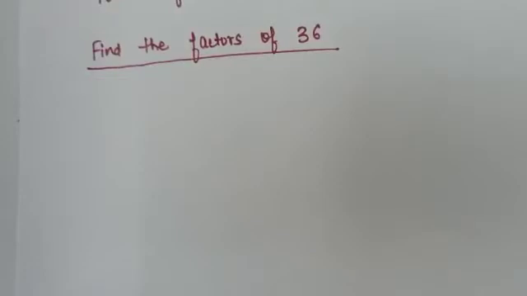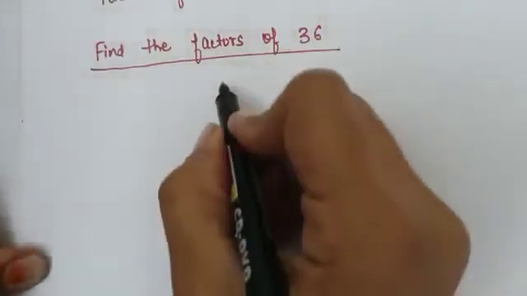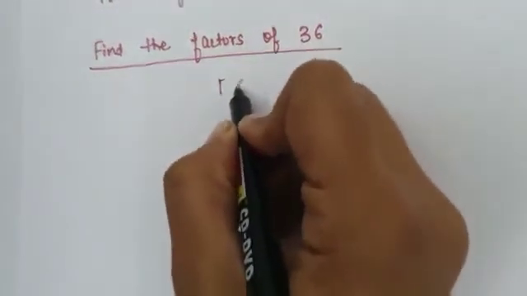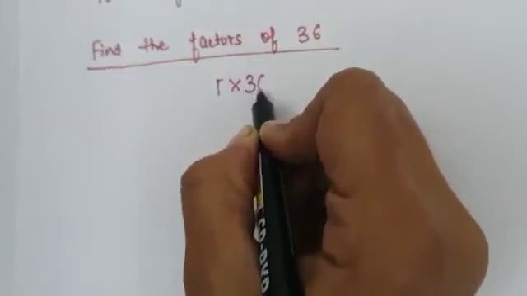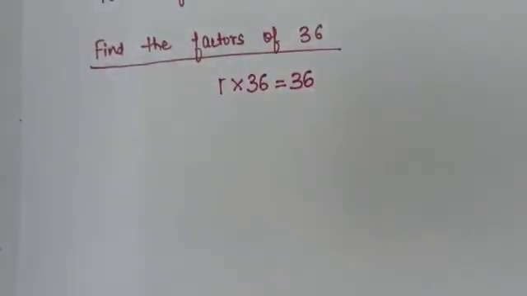Now let us find the factors of 36. Again, I told you earlier also that we will start from 1. So we will write 1 multiply 36 is equal to 36.